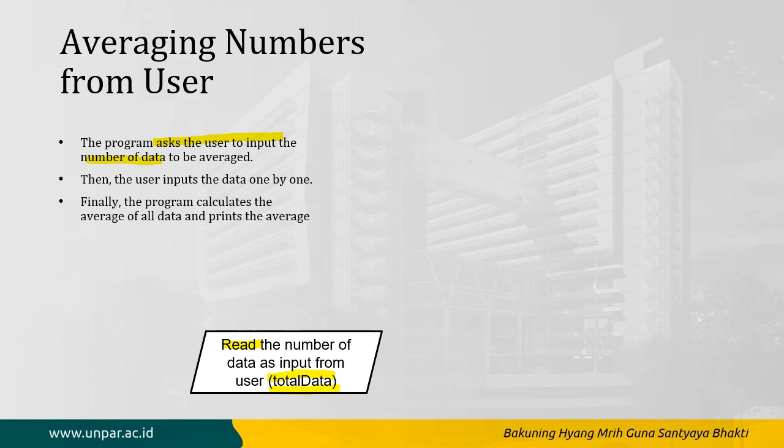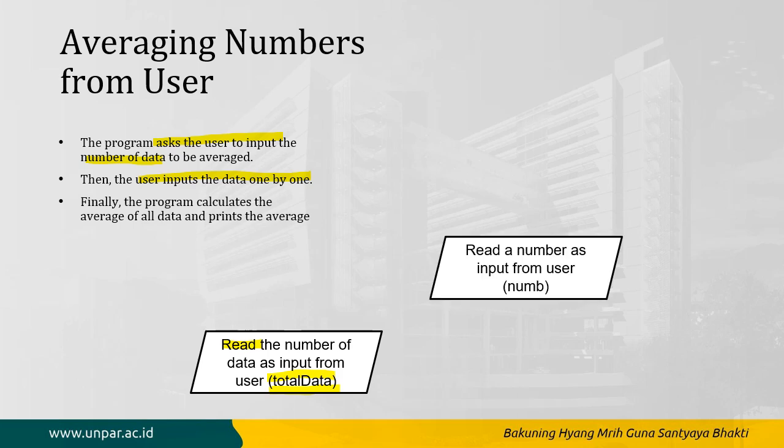We move to the second point. It says that the user inputs the data one by one. Again, this is about input, so the shape is a parallelogram. We're going to read a number, just one number, because the user will input the data one by one.